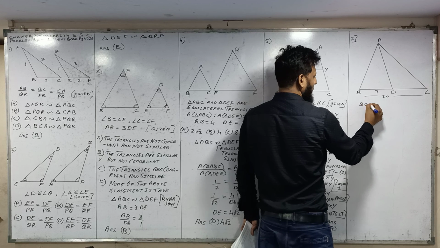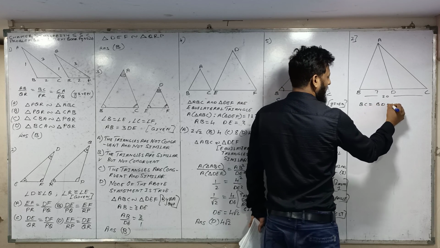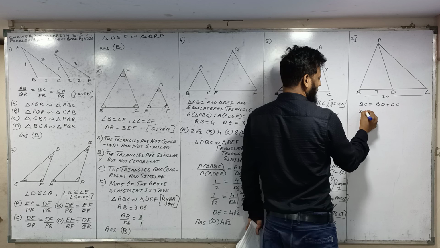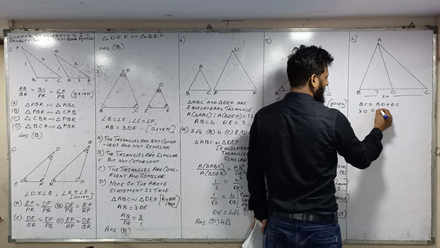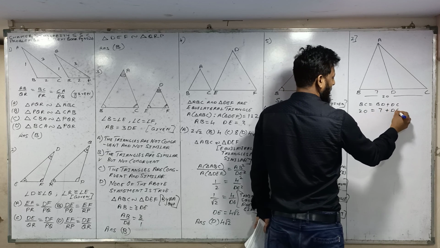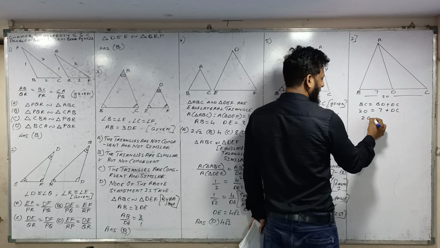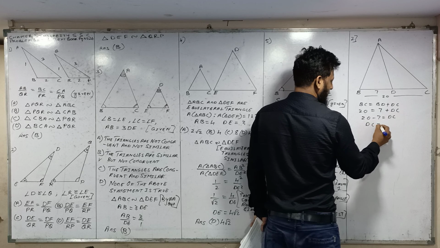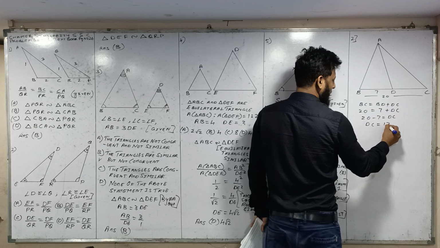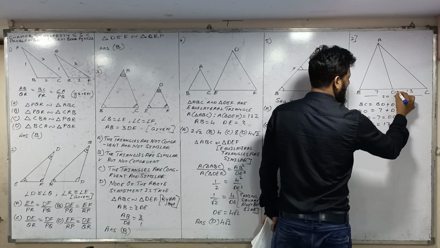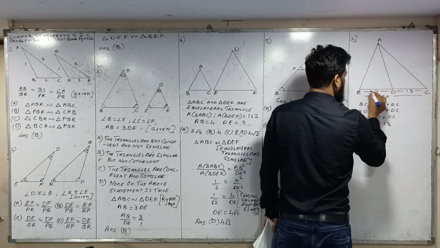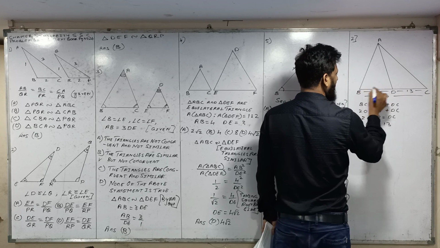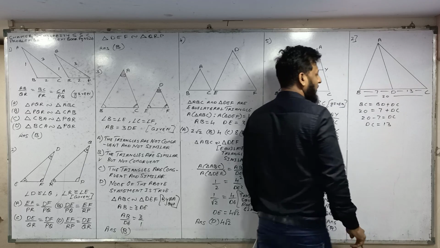So BC is equal to BD plus DC. BC is 20, BD is 7 and DC you have to find out. So 20 minus 7 is equal to DC. DC is equal to 13. Okay, so full BC is 20, BD is 7 and DC is 13.